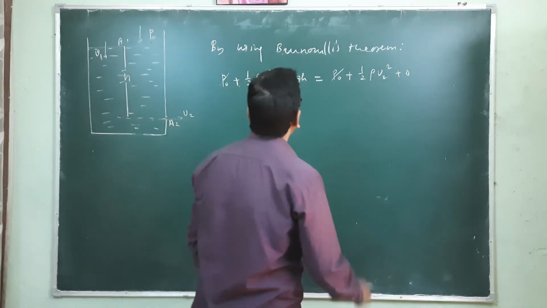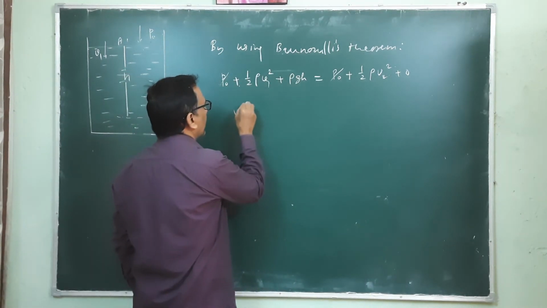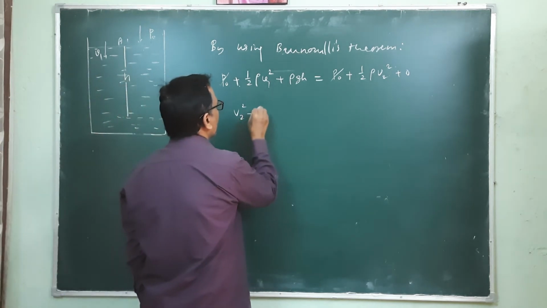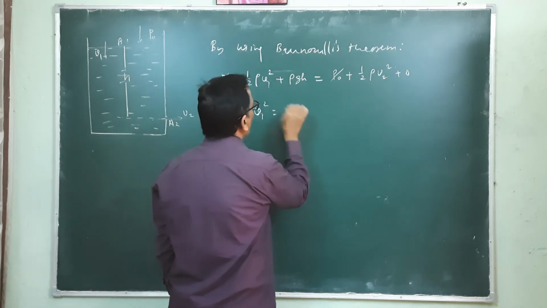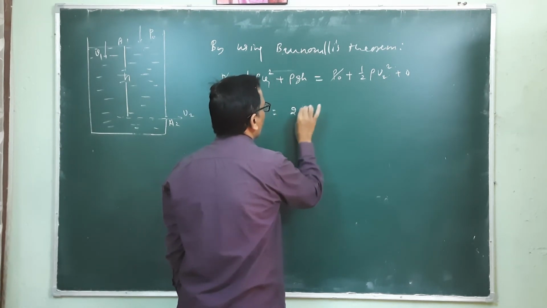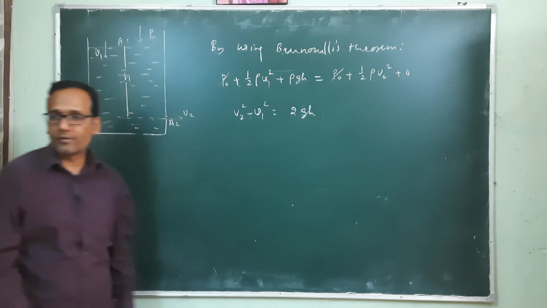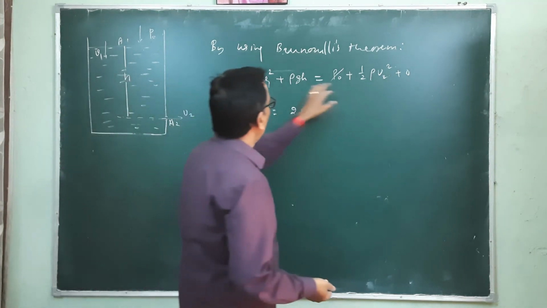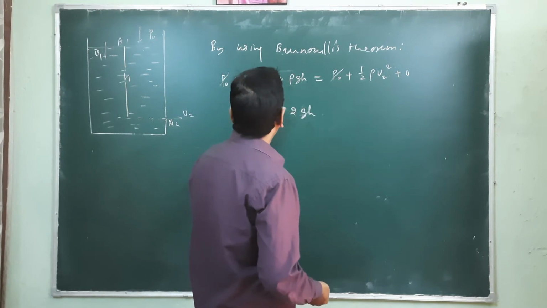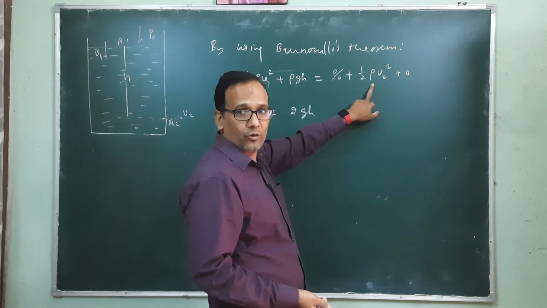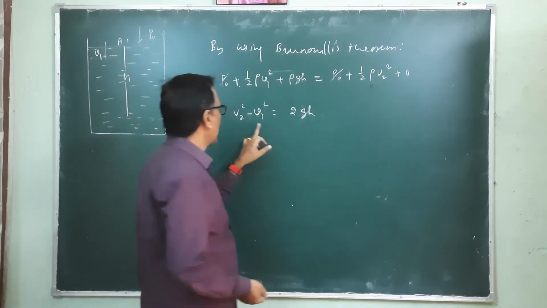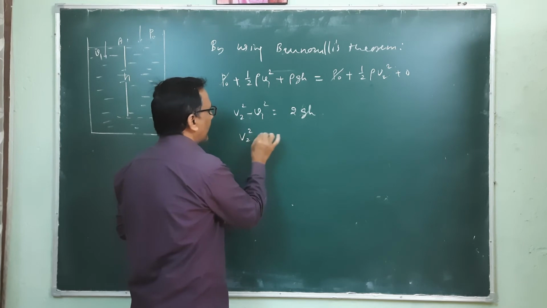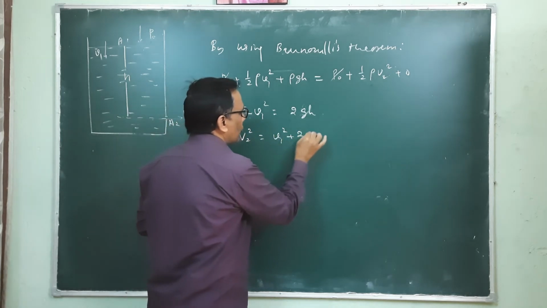Rho can be cancelled, as it is identical at all ends. We multiply by 2, so this is V2 square minus V1 square equal to 2 GH, and V2 square is equal to V1 square plus 2 GH.